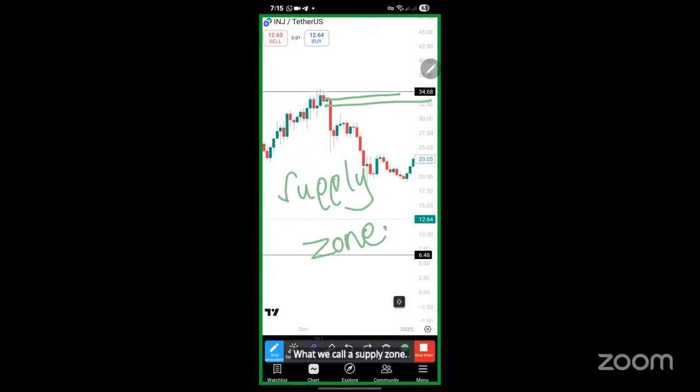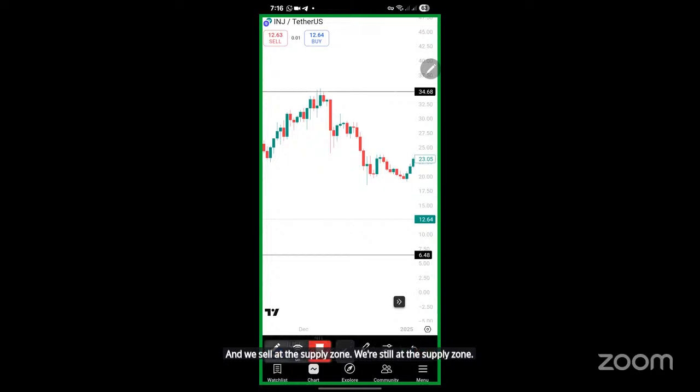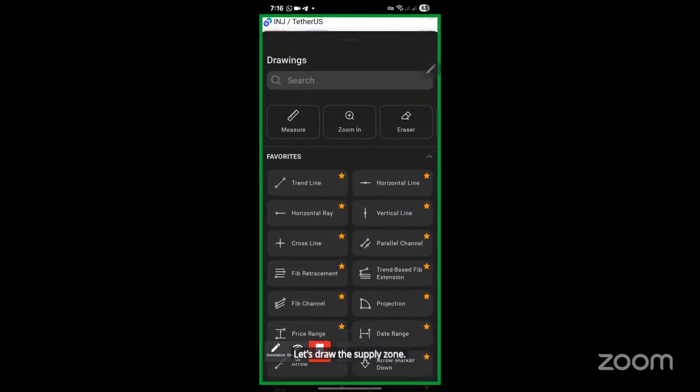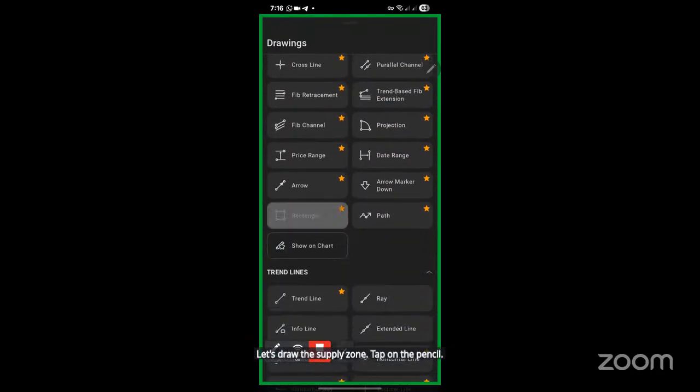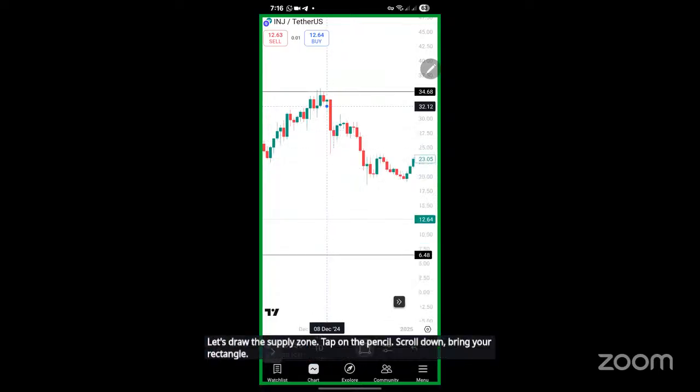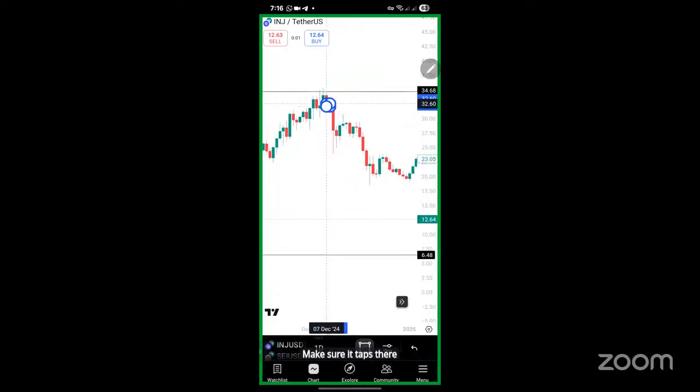So it means we buy at the demand zone and we sell at the supply zone. Let's draw the supply zone. Tap on the pencil, scroll down, bring your rectangle, make sure it taps there.